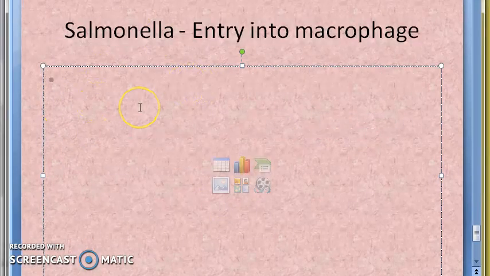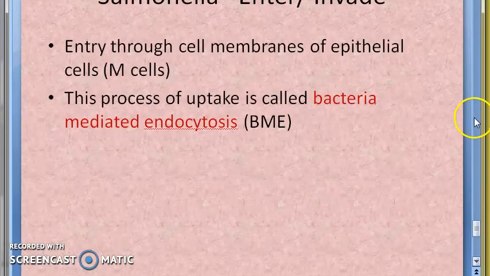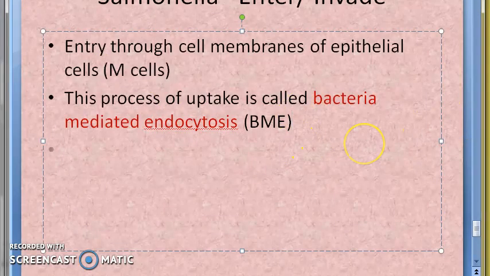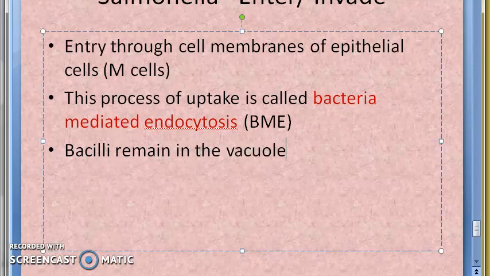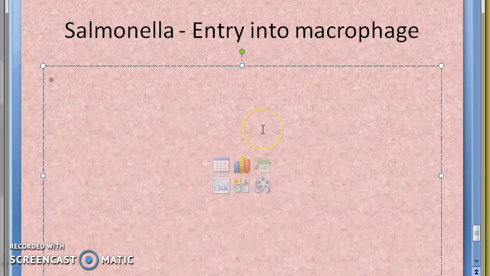Now what happens? The bacilli remain in the vacuoles of the cytoplasm. Okay, let me write here. After the endocytosis, the bacilli remain in the vacuoles of cytoplasm. Okay. Now what will happen? Macrophages have to come, right?